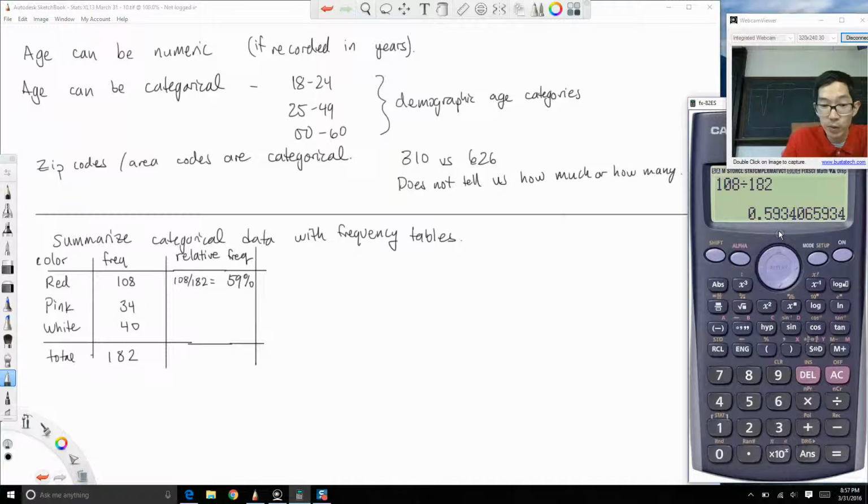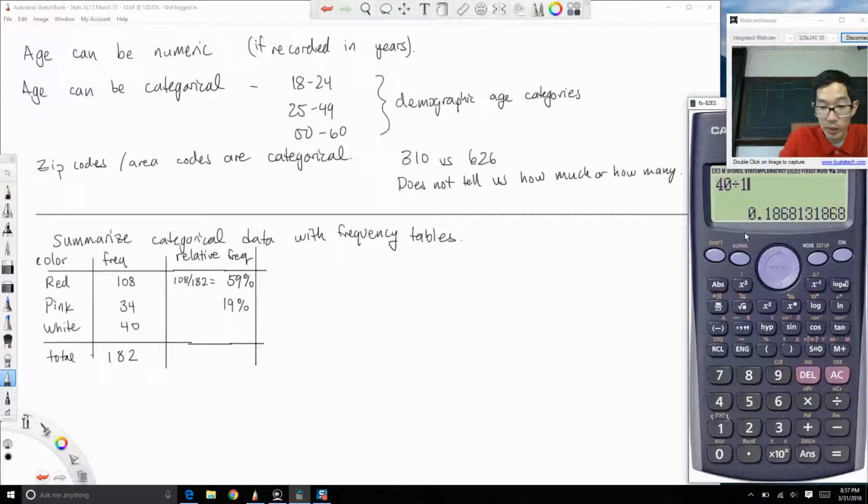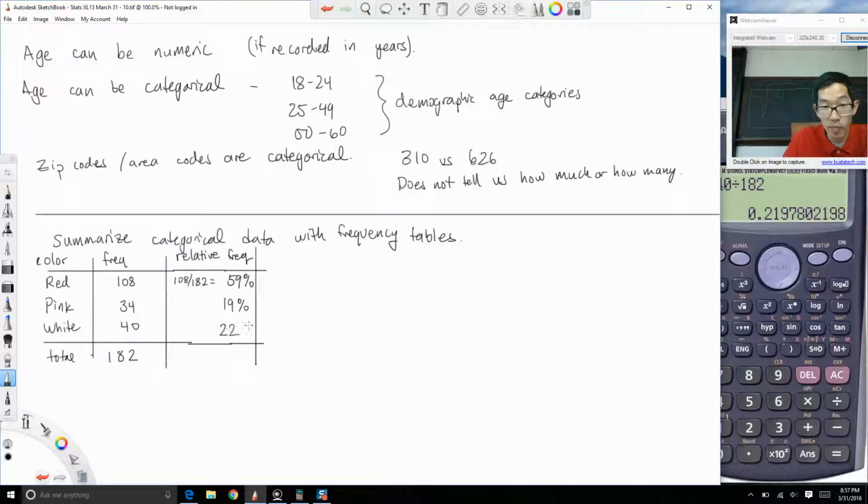And 34 over 182 gives me 19%. And 40 divided by 182 gives me 22%. So that we have a total of 100%.